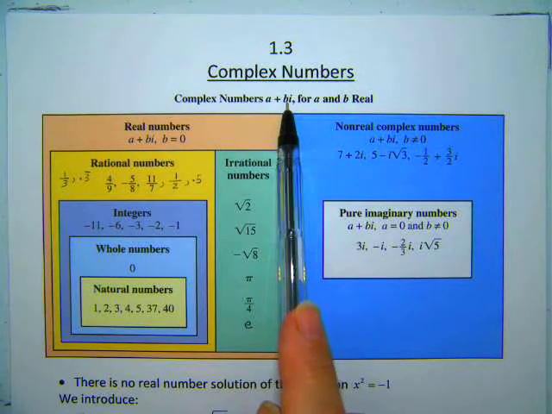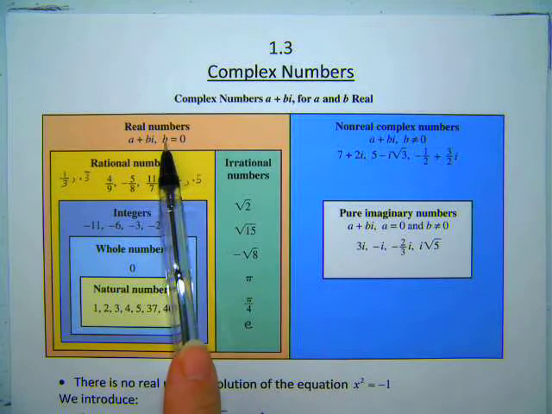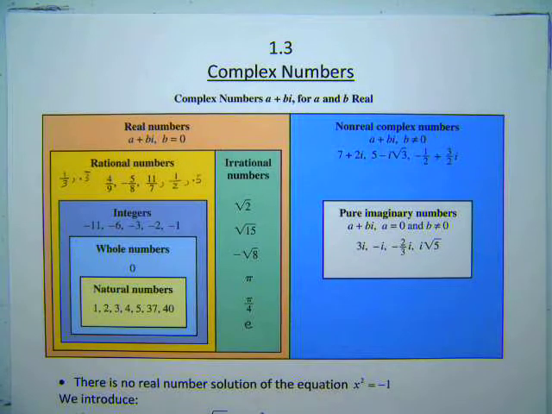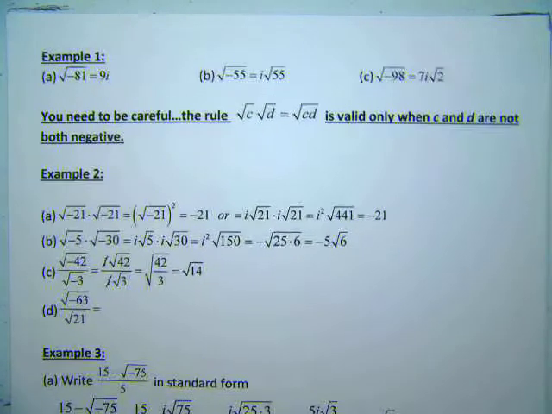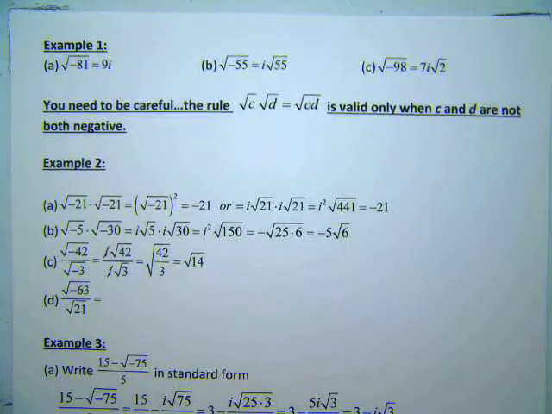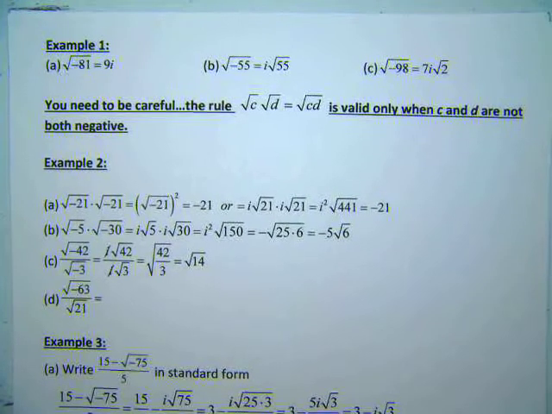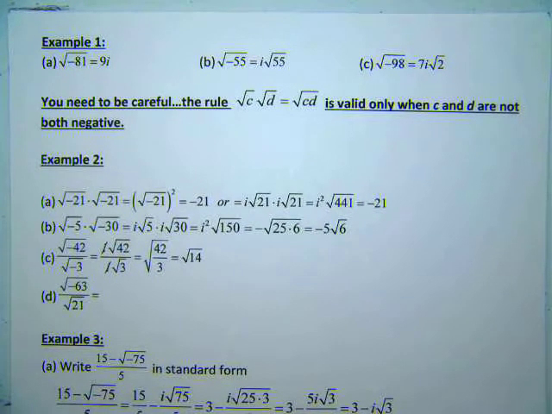When b is 0, you're going to get only a, which is a real number. I just wanted to clear that up, but you can, of course, see it and read it. I'm going to do a few examples with you here. And again, you have a lot of videos. These are extra, and these notes are available for you in MyMathLab.